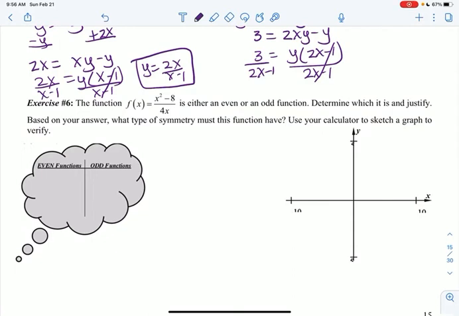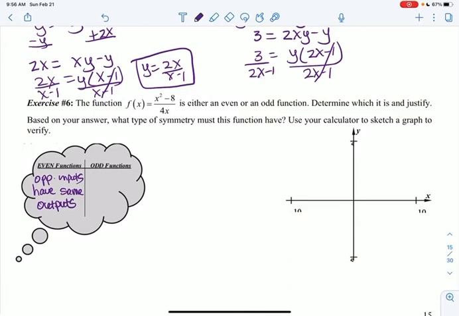Okay, so remember, even functions, opposite inputs have the same outputs. So when I substitute in that negative x, I'm going to have the same output that I did for a positive x.